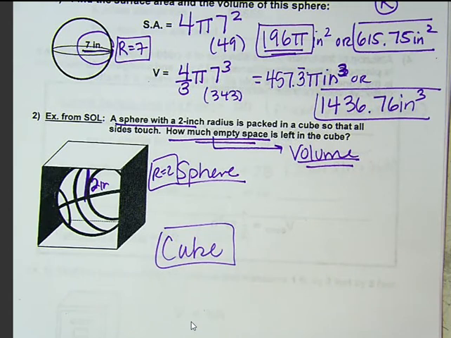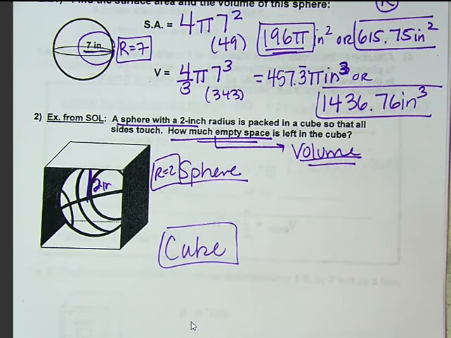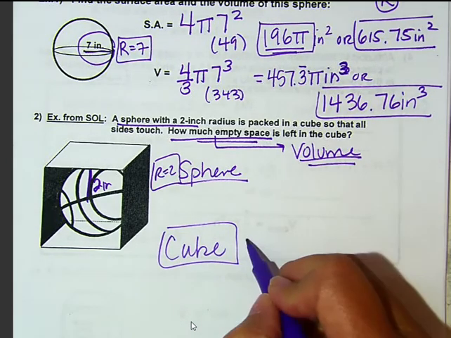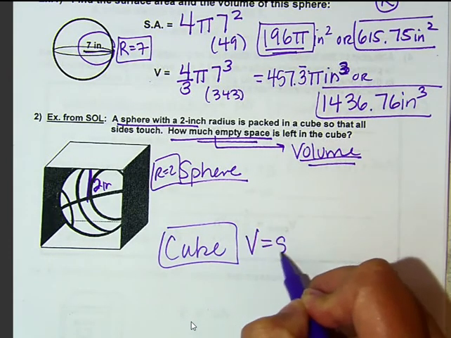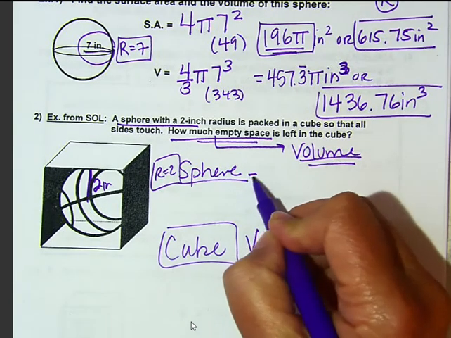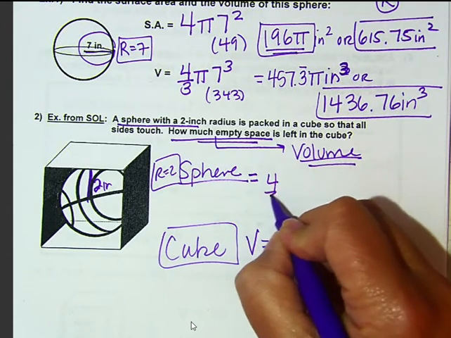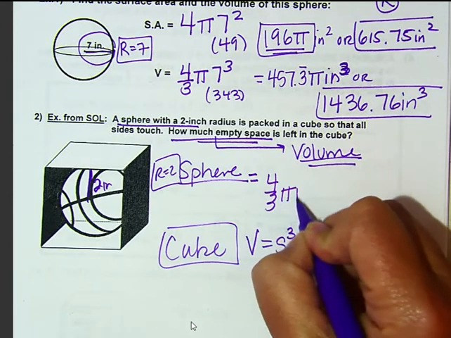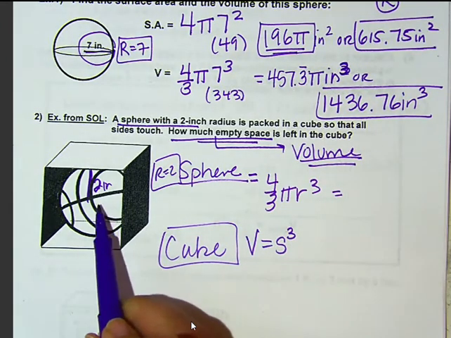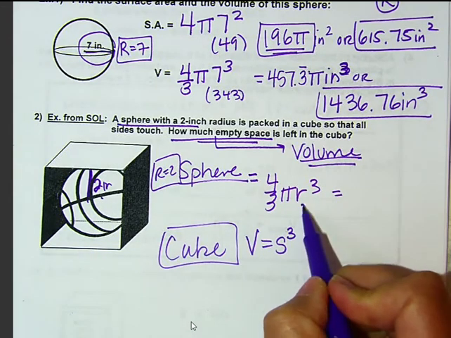That's all volume. My formula for cube is the volume is side cubed. The formula for the volume of a sphere is up here, 4/3 pi r cubed. My radius is 2 here, so I can just plug that right in.